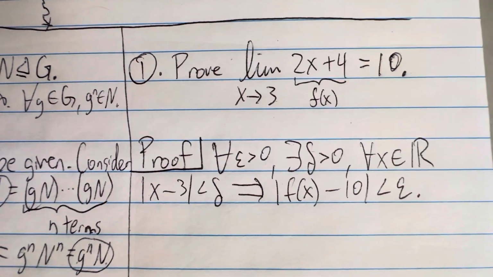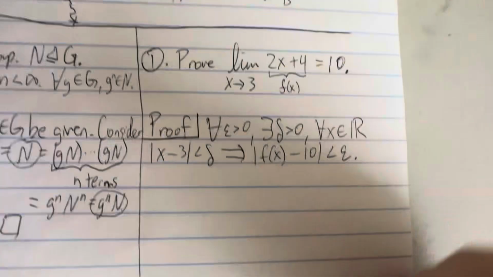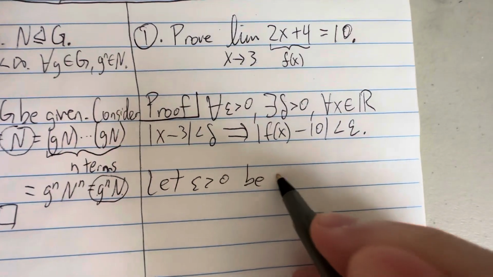So this is what we need to show. So we start from the beginning. So here's part A. So let epsilon be given.